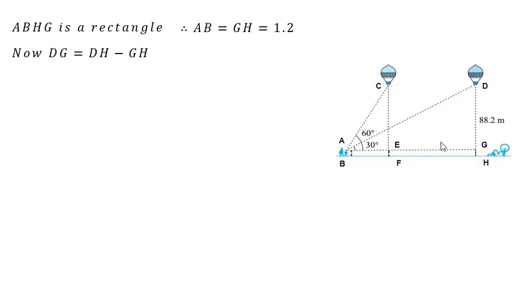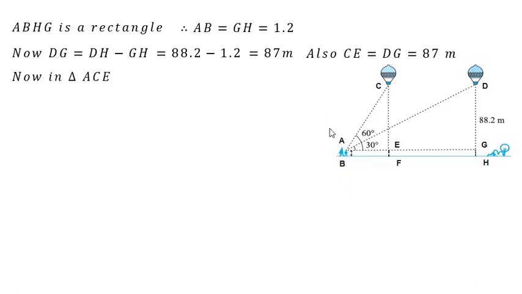Now DH is given as 88.2 meter and AB and GH are 1.2 meter. From that I can find the value of DG, which is 88.2 meter minus GH, which is 1.2 meter. So when we solve, we get the value of DG as 87 meter. CE is also equal to that DG, which is 87 meter.